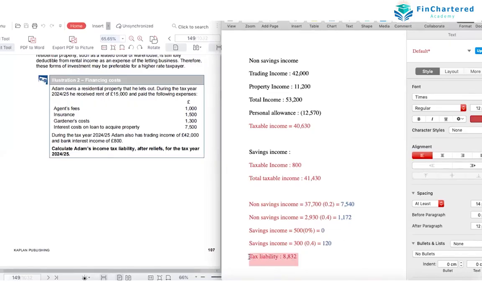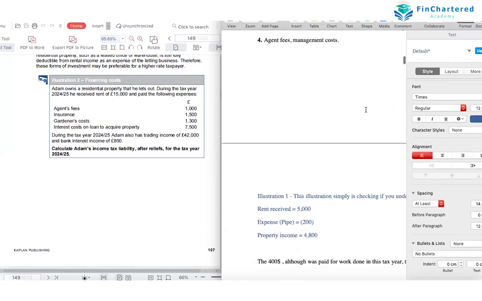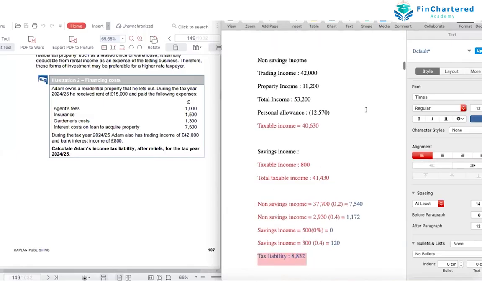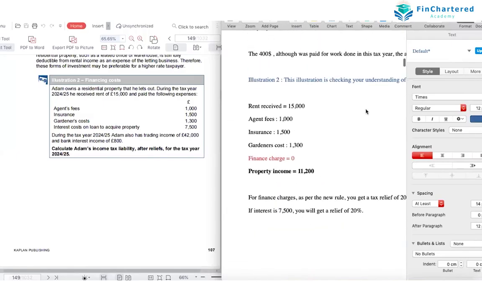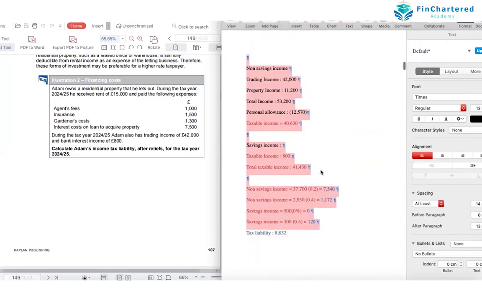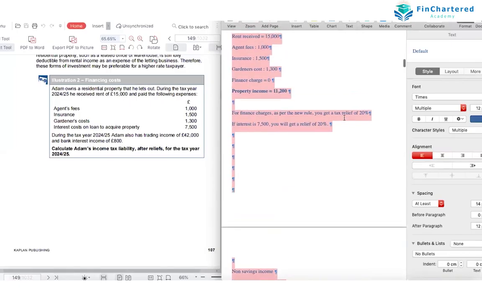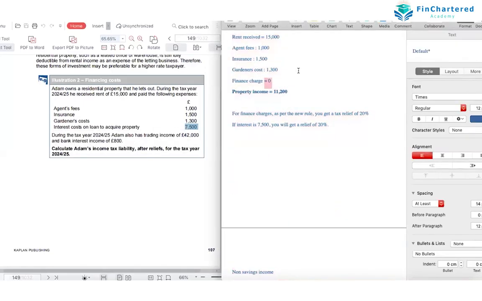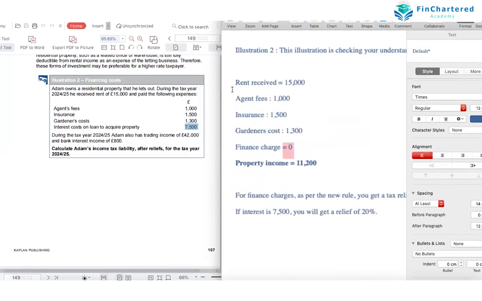But at this stage where you have the tax liability, what will happen is we go back and say, oh, but there is interest that we are paying, 7,500. Because remember, we had not deducted it from expense.